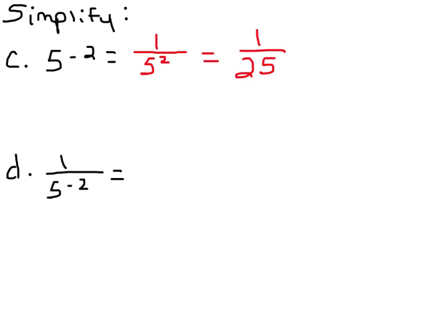Here, I have this 5 to the negative second on the bottom of a fraction. The reciprocal of that is going to be bringing it up to the top, which would be 5 squared, or 5 squared over 1. Either way, it's going to equal positive 25.